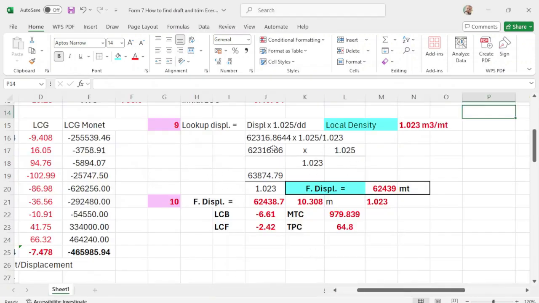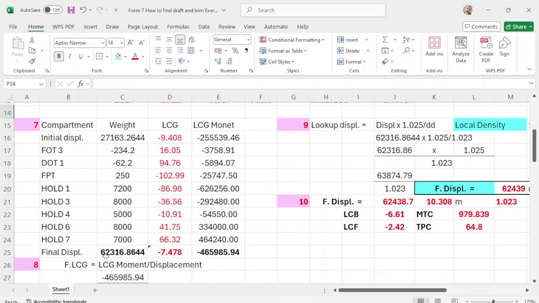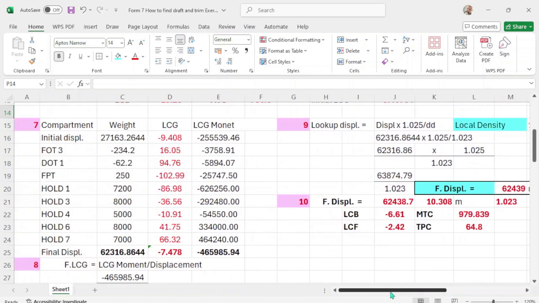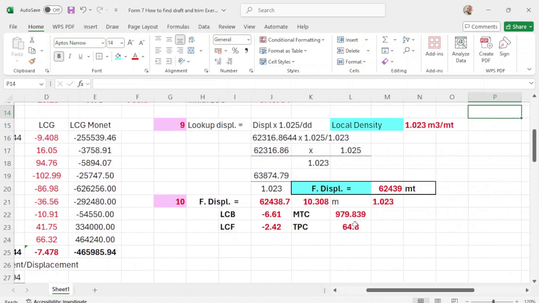Number 9, this final displacement, guys, is all in salt water, because you already applied your weights: FODO, fresh water, perfect tank, hold 1, 3, 4, and 6. All these weights are in salt water. That's why the total weights here, or final displacement, is in salt water.